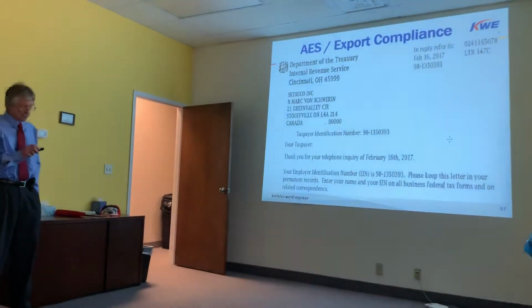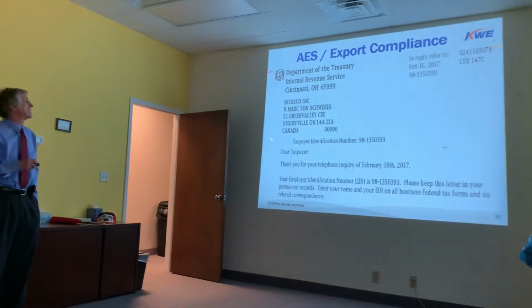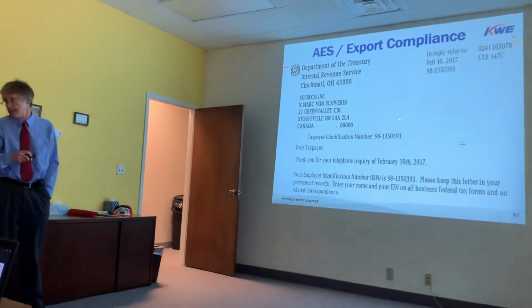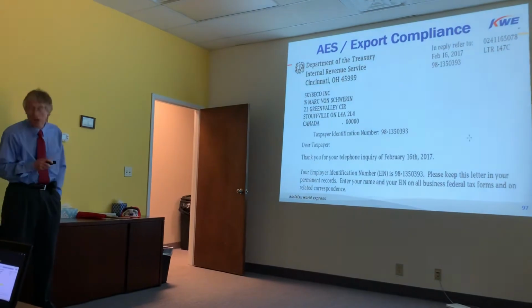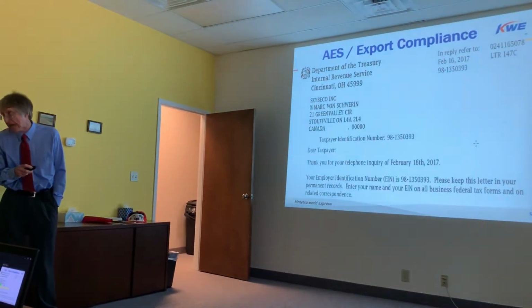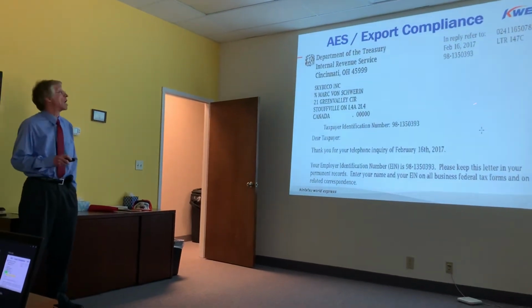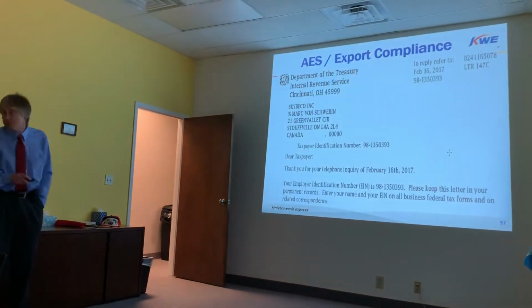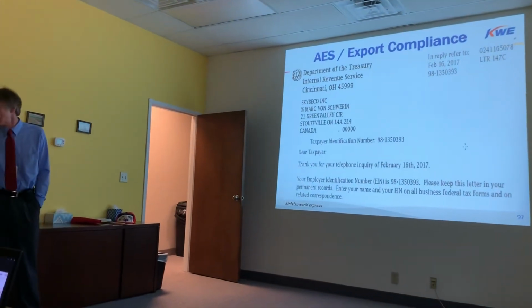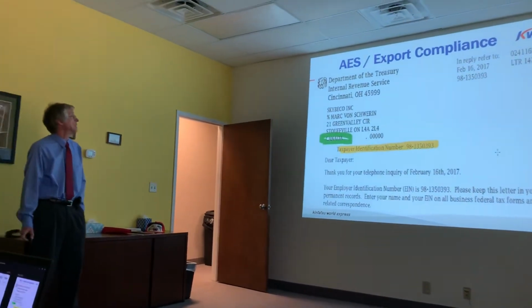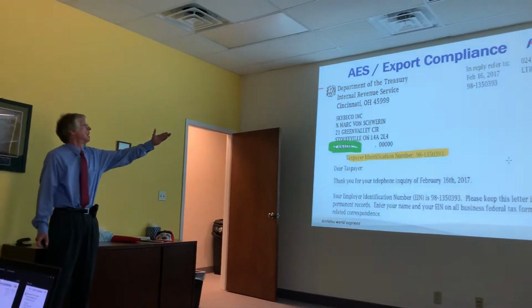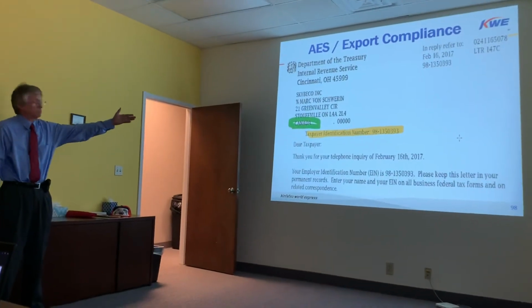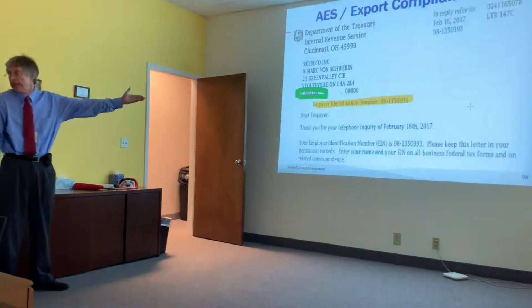And as you see there, they are in Canada, Skybeco in Canada. And they were telling us that because they obtained an EIN from the IRS, they could be reported in AES as the USPPI. So it looks like a legitimate letter from the IRS, and they got an EIN.